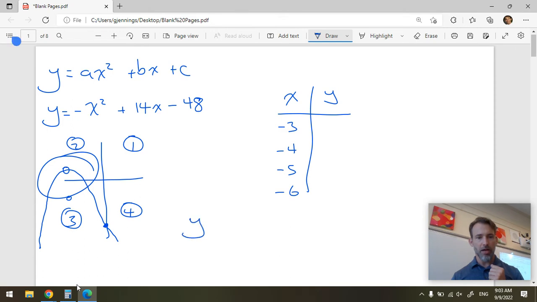So this is y is equal to negative, and I'm going to do -3 here, -3 squared plus 14 times -3 minus 48. And let's see what we get. We would have -3 squared give me -9. So that will be y is equal to, I've done this wrong.